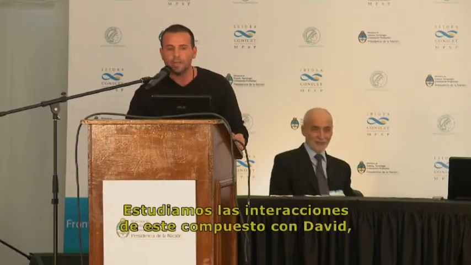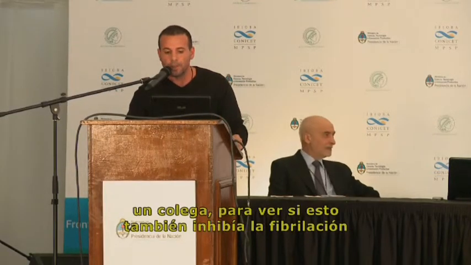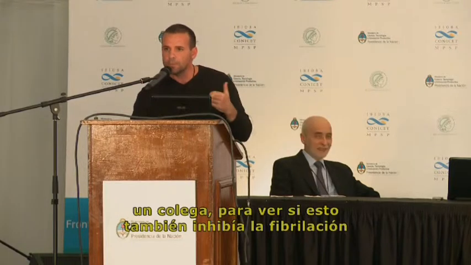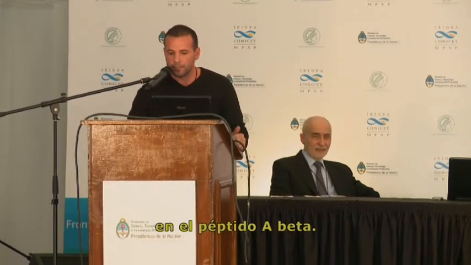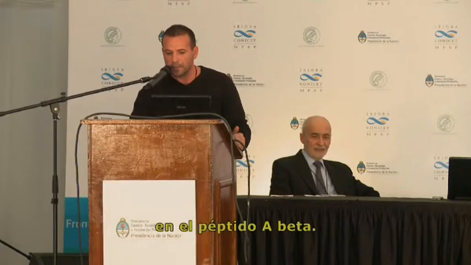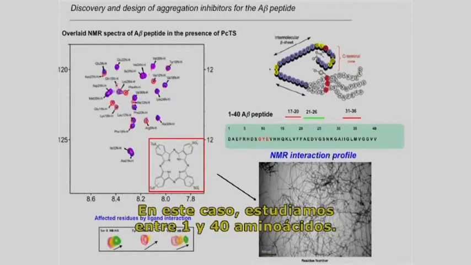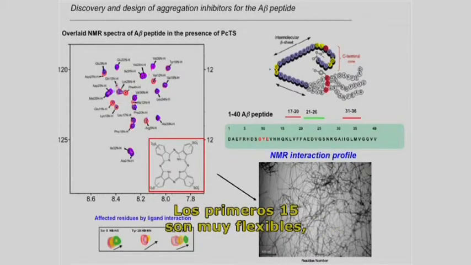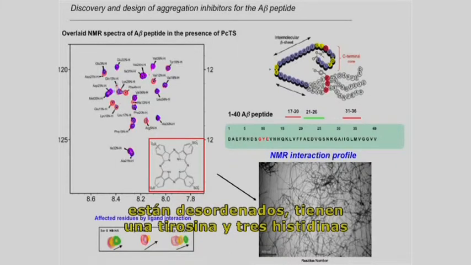So we studied the interaction of these compounds with the A-beta peptide to see if this compound is also able to inhibit the amyloid fibril formation of A-beta peptide. In this case, we studied the 1 to 40 amino acids. The first 15 amino acids are very flexible, very disordered, and they have a tyrosine and 3 histidines.